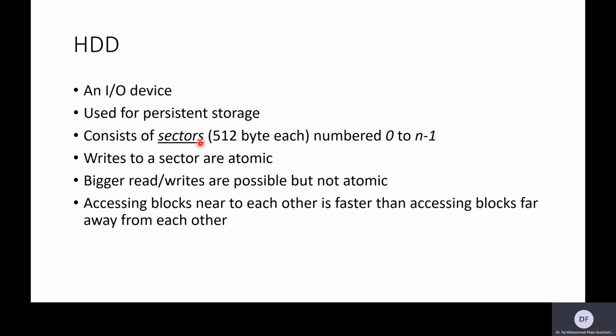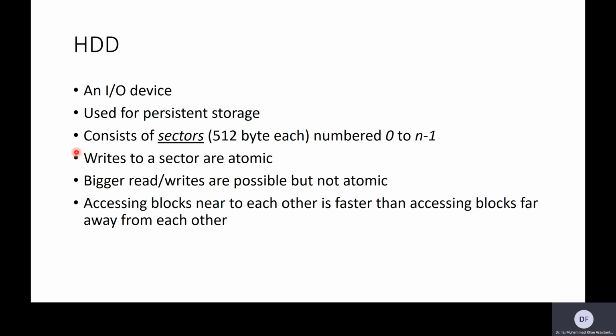If you want to read 1 byte, you will have to read that whole sector, and from within that sector, you will read the value of the byte in which you are interested. So hard disk reads and writes happen at the granularity of sectors. We cannot write data less than a sector to a hard disk. And sectors in a hard disk are numbered from 0 to n-1, just like bytes in RAM are numbered from 0 to n-1.